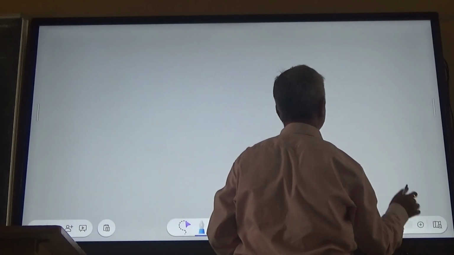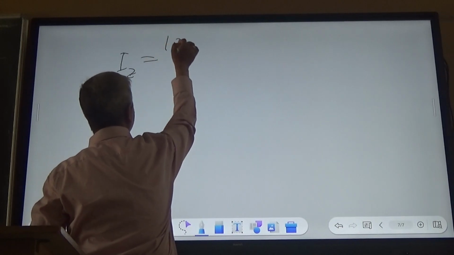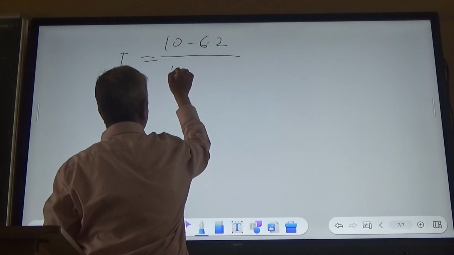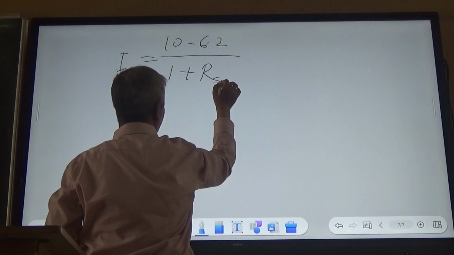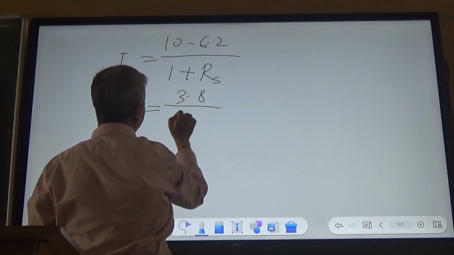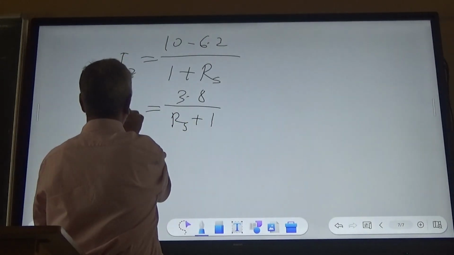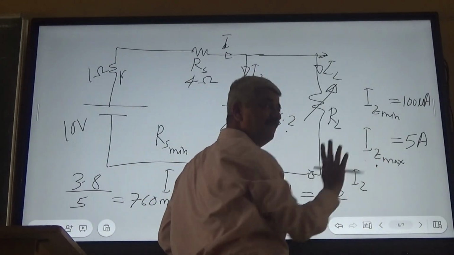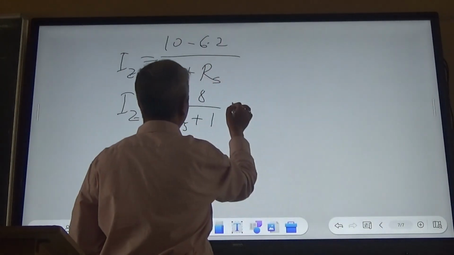In that case, Iz is equal to 10 minus 6.2 upon R, which is 1 plus Rs. So that is 3.8 upon Rs plus 1 is Iz. And you should ensure that it should not exceed 5 amperes. This must be equal to 5.